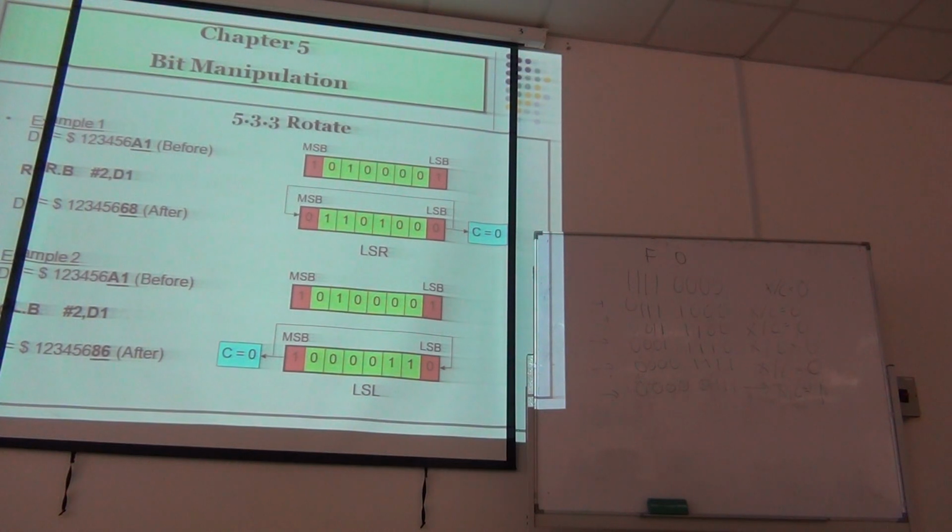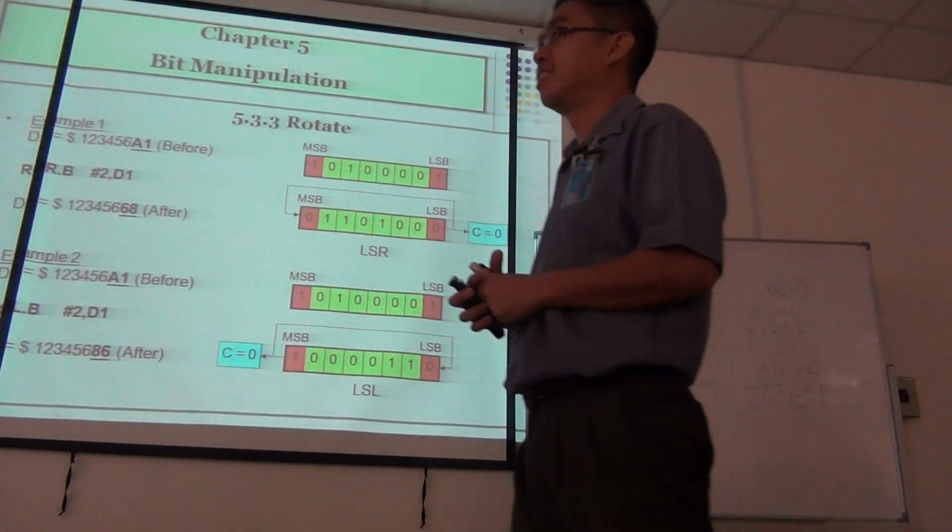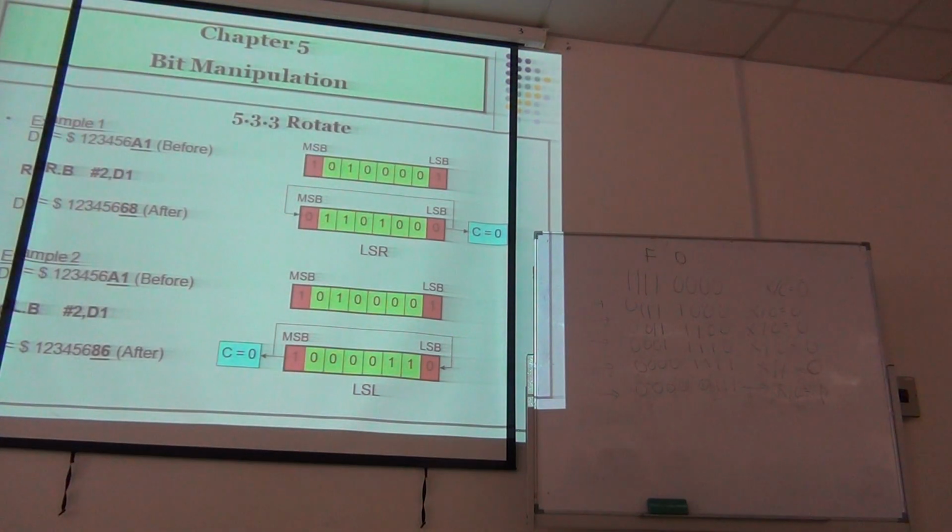Put the number set and then try to rotate. Rotate is rotate. You try it 5 minutes.